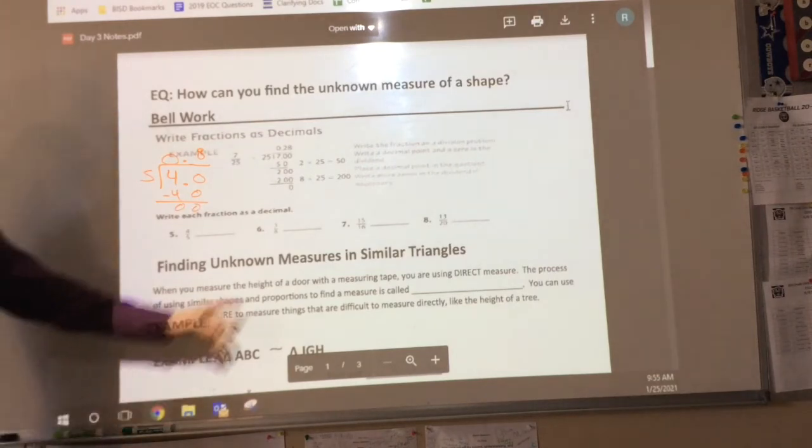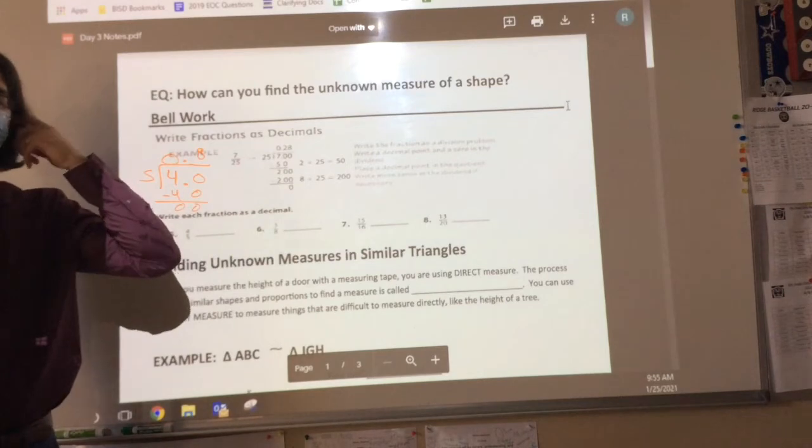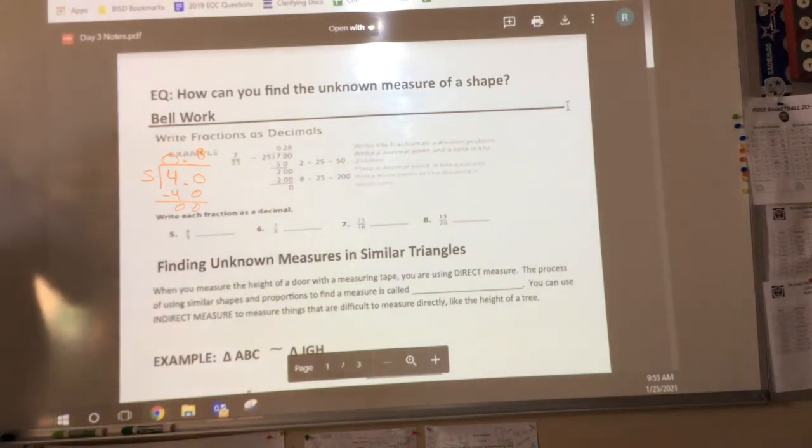Why don't you go ahead and try doing 3 divided by 8 for me now. Turn 3/8 into a decimal.